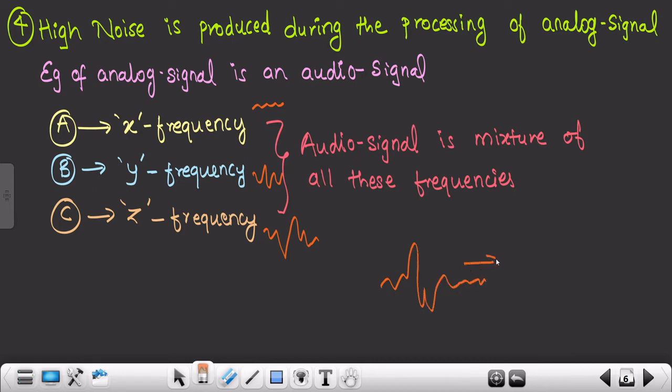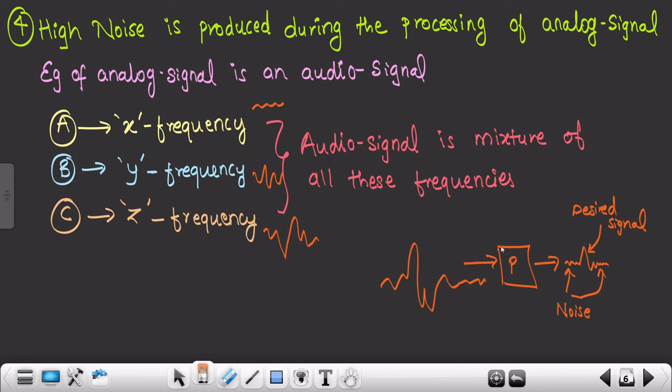And when we feed this signal to a processing unit, it processes the signal, but still it has some noise. Suppose this is the desired signal, but along with it, this thing you can see over here is noise, which gets added up.